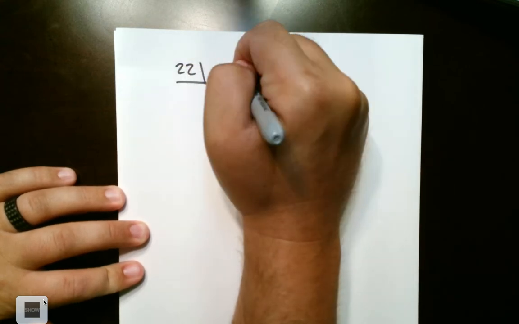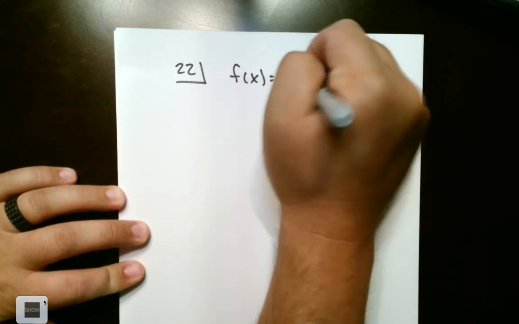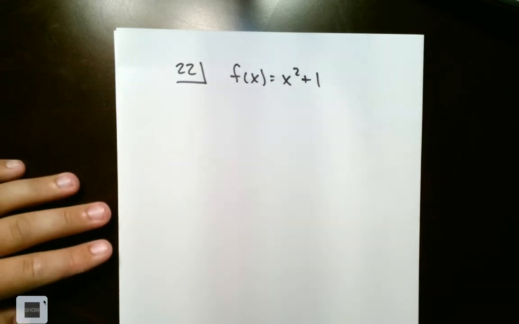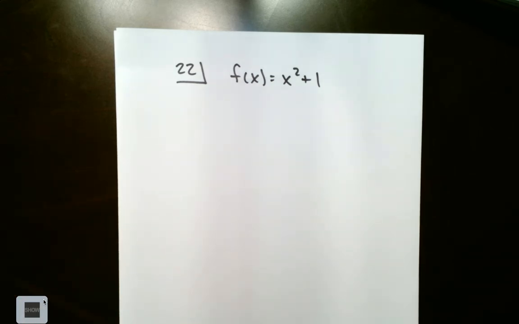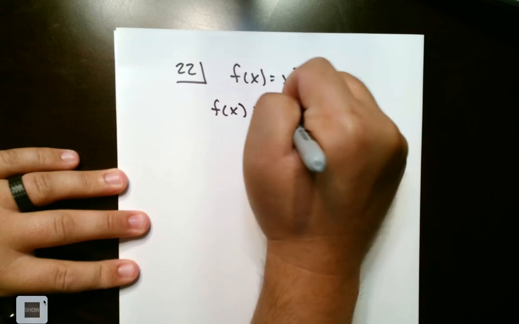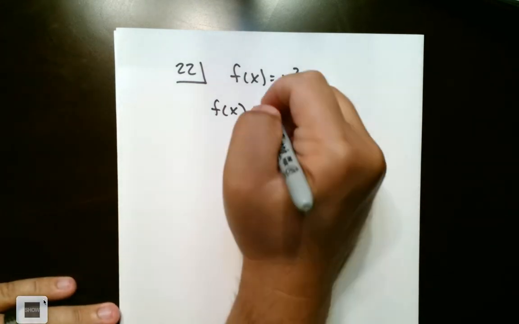All right. So this is number 22. Again, what they're saying is I'm giving you this function, f of x equals x squared plus 1. If they give you that function and they say they want you to write a function that shows that it is reflecting across the x-axis, what they want you to do is take that same function and then basically show that it's reflecting across the x-axis, which would look something like this.